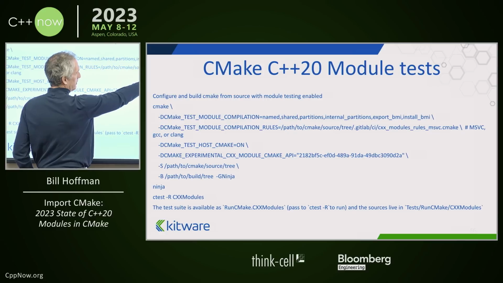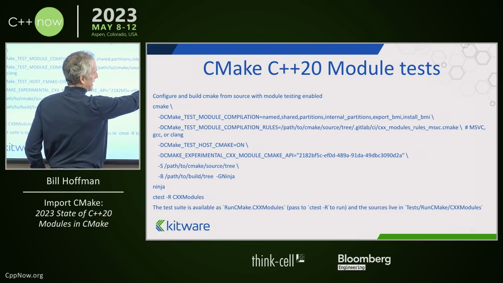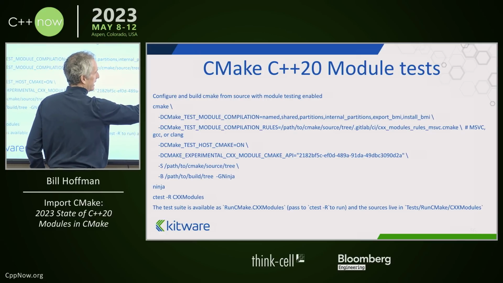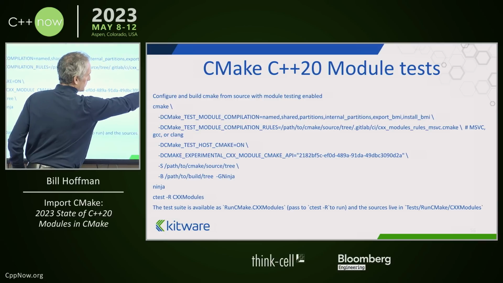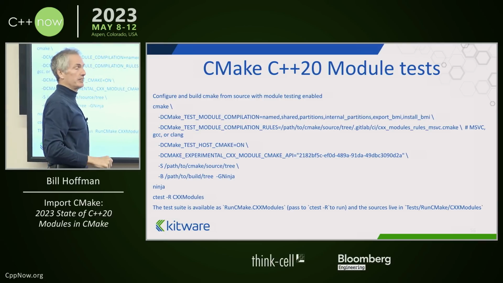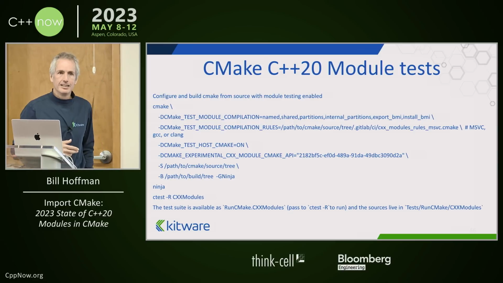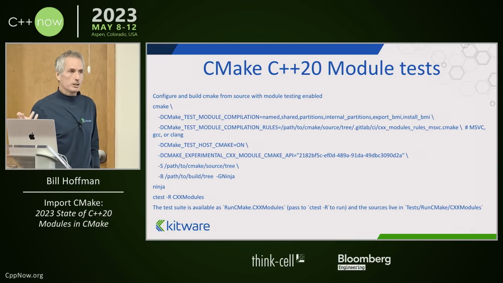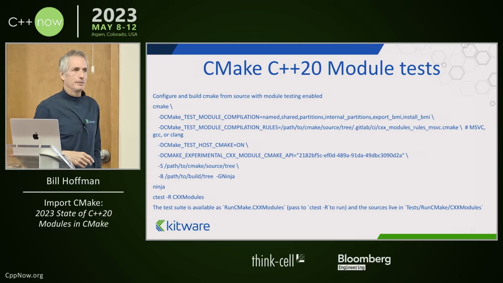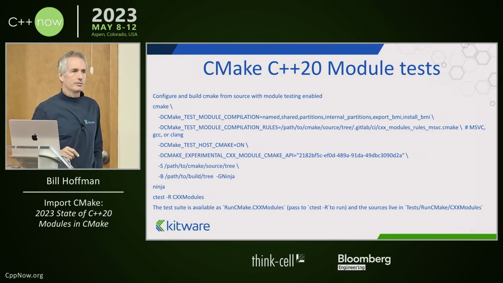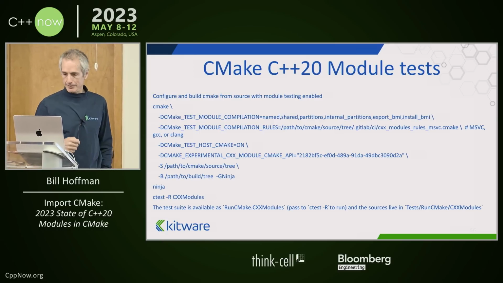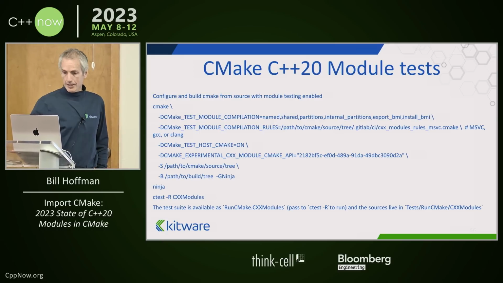there's a .gitlab directory, and underneath that is a CI directory, and under that is a cxx_modules_rules_ MSVC, Clang or GCC file. That's probably the best way to go because it'll match the version of CMake you're building, and it'll have whatever you need to get the test running.